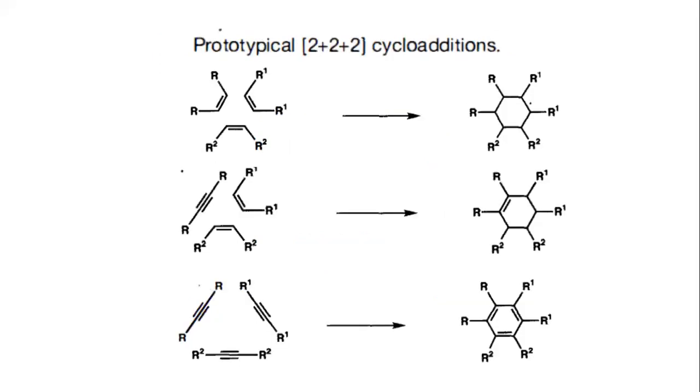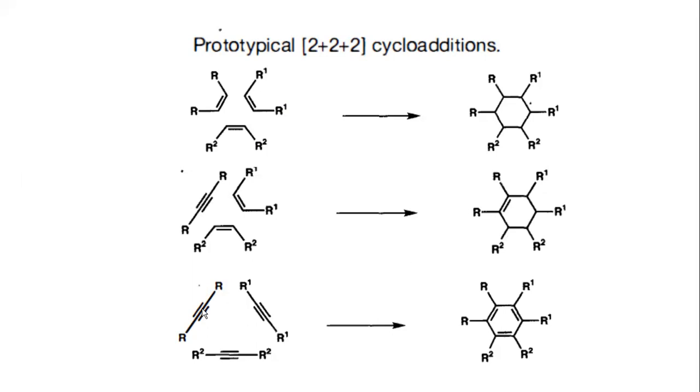In the next slide, here is another important cyclization reaction, the prototypical 2+2+2 cycloadditions, where we can cyclize alkenes and alkynes. Here you can see ethene derivatives can be cyclized to form cyclohexene. Similarly, ethyne and ethene derivatives can also be oligomerized to form a cyclohexene derivative.